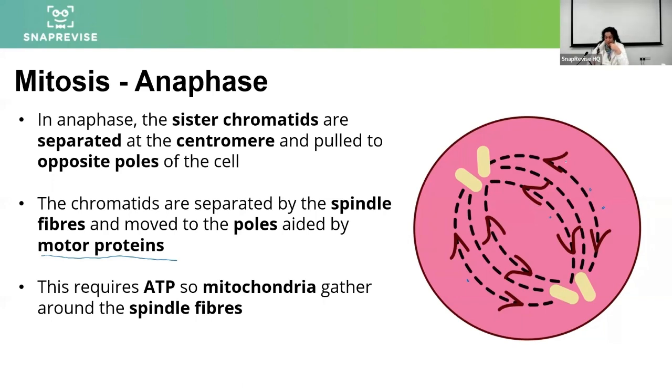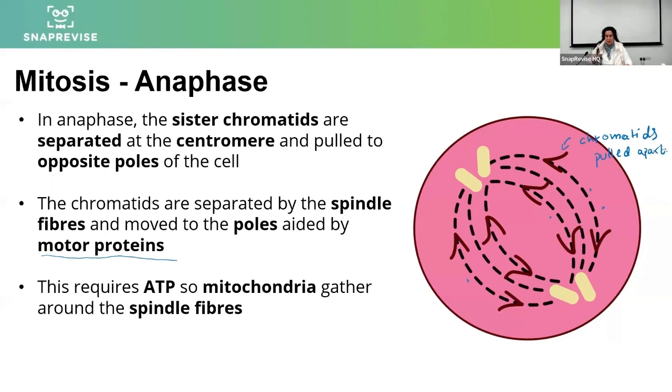The chromosomes will have this characteristic appearance. The chromatids are pulled apart, and they will actually look like they're being dragged through the cell.